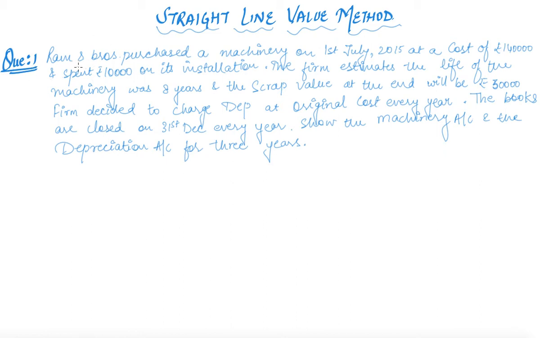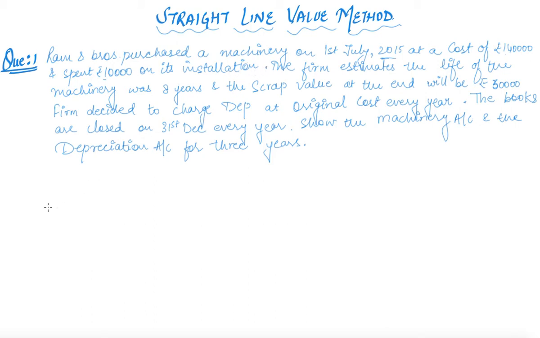The question states that Ram and Brothers purchased a machinery on 1st July 2015 at the cost of rupees 1,40,000 and spent rupees 10,000 on its installation. Okay, with this the statement is closed.